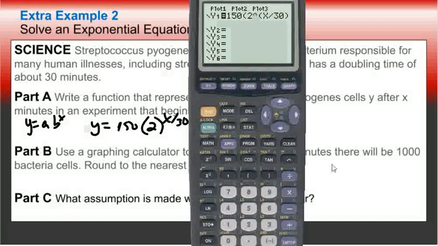Let me add another parentheses in here, so raised to the parentheses x divided by 30. There we go, hit graph.